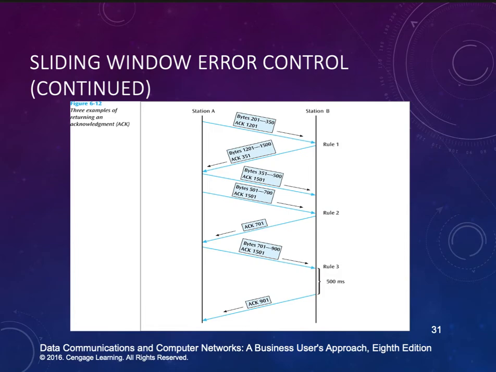Rule 2: 2 packets are being sent, it waits for 500 milliseconds and then sends an acknowledge. Rule 3: the receiver will wait for 500 milliseconds and then, with no packet to return, send an acknowledge.